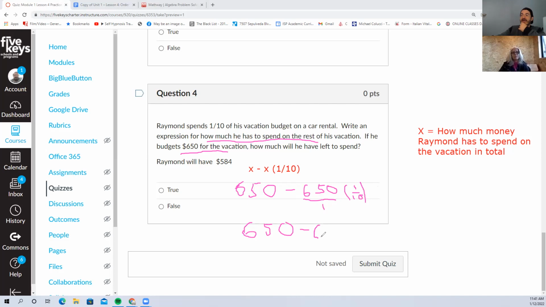Minus 65. And 650 minus 65 is 585, which is very close, but not quite 584. So the answer to that problem is false.